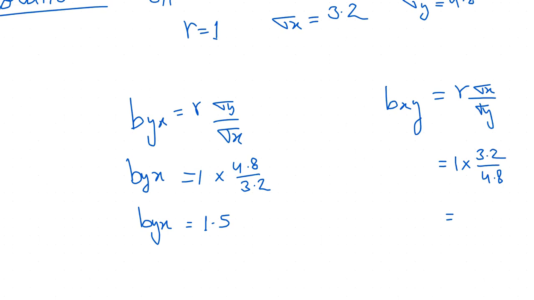And this is 0.6666, or by rounding off we can write it. Okay, this is bxy. In this way we can find the regression coefficient.